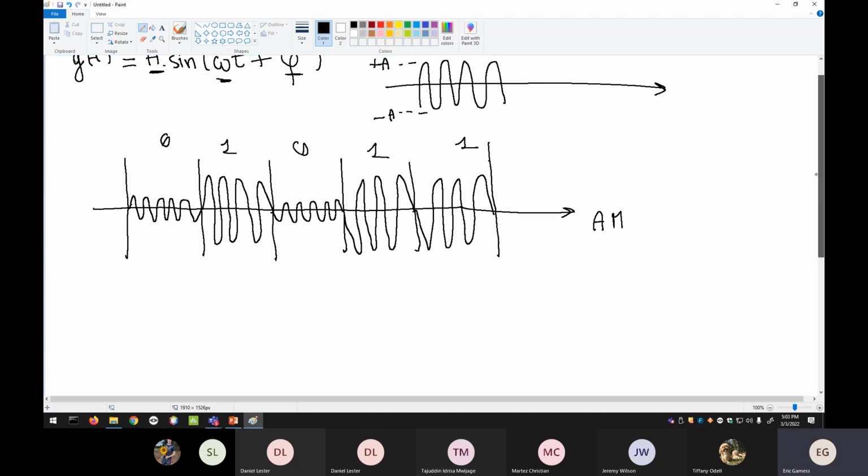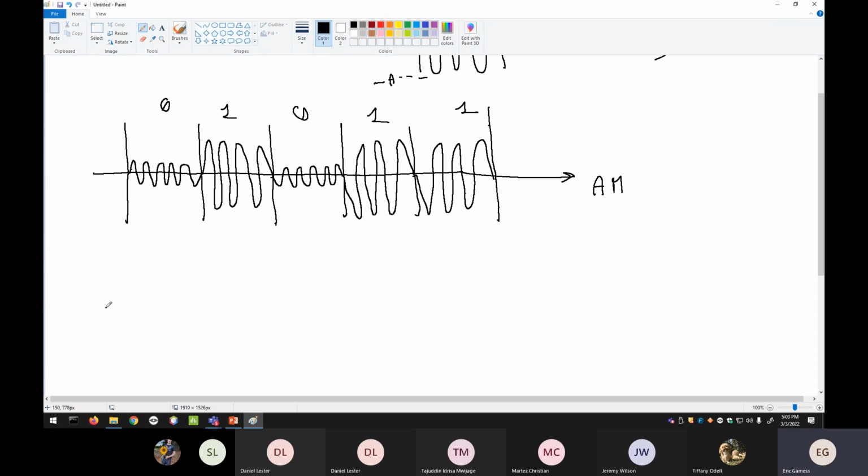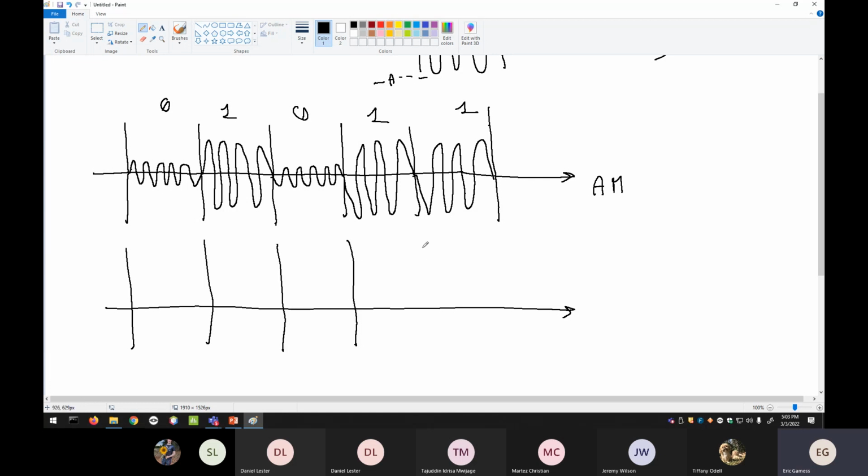Now, what is frequency modulation? So let's say that I want to represent the same thing, a 0, then a 1, then a 0, then a 1, then a 1. So 0, 1, 0, 1, 1.